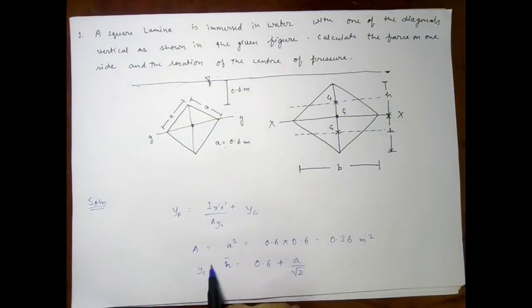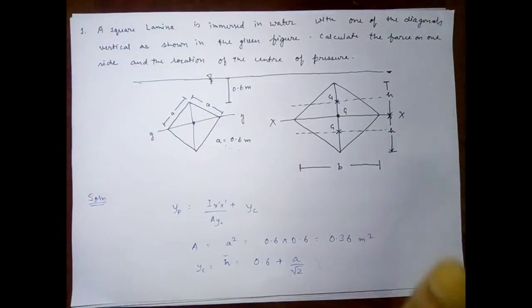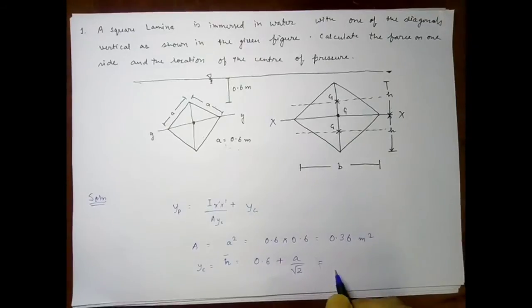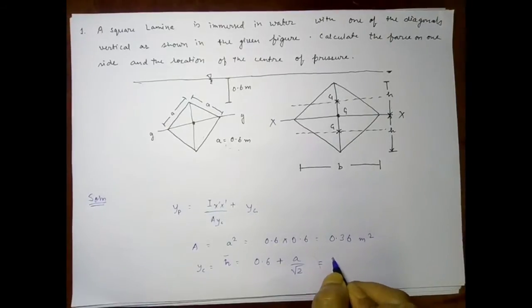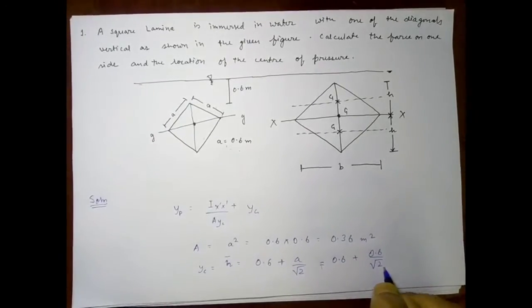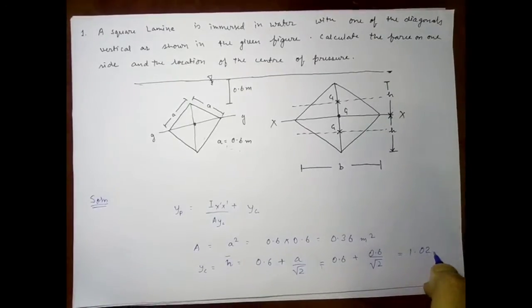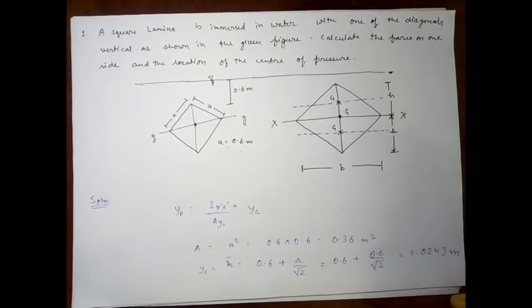This is a very generalized formula for the center of gravity for a square kept along its diagonal, and it is equal to 0.6 plus 0.6 upon root 2, which is 1.0243 meters.